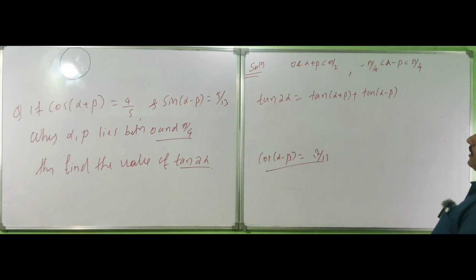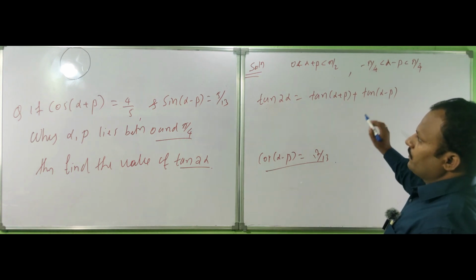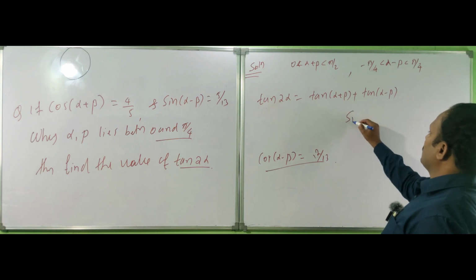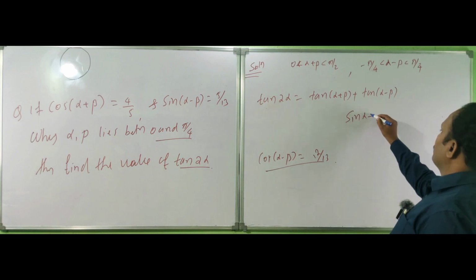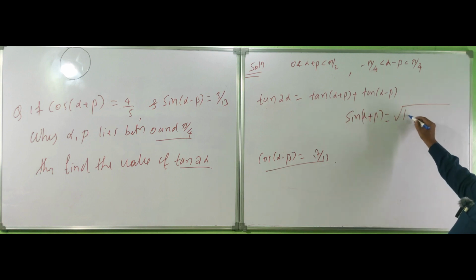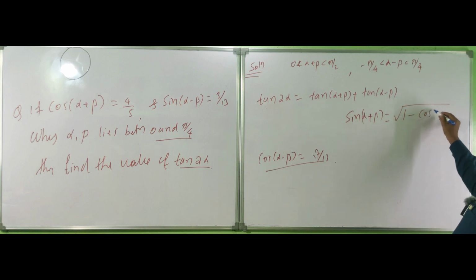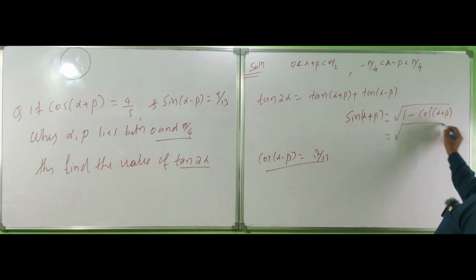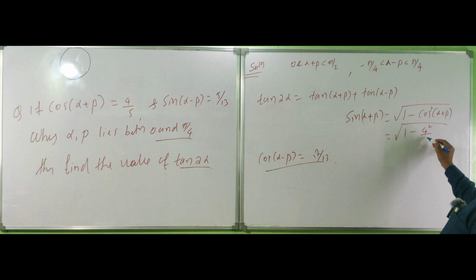Similarly, what do we want? Sin of alpha plus beta is equal to the square root of 1 minus cos squared of alpha plus beta. What is cos squared? 1 minus 4 squared by 5 squared.